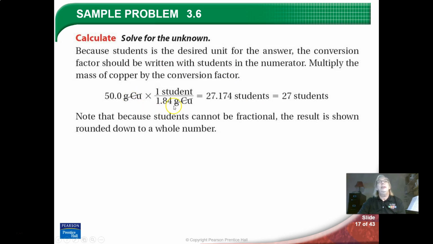I'm going to divide by the grams per student, so grams are here, so I know that grams have to go down there. And then I know that if I have 50 grams and each student needs 1.84 grams, I'm going to have 27.2 students who could do the lab. And we can't have parts of the students, so we're going to say 27 students could do this lab, and we'll have a little tiny bit extra. So that's how we do dimensional analysis, and we'll use this a lot in this class.